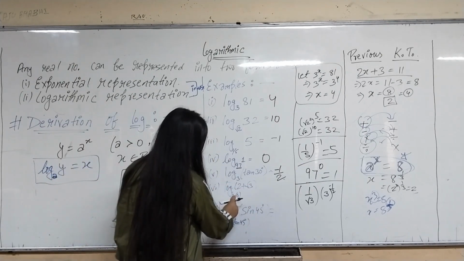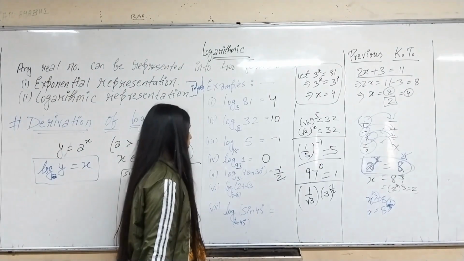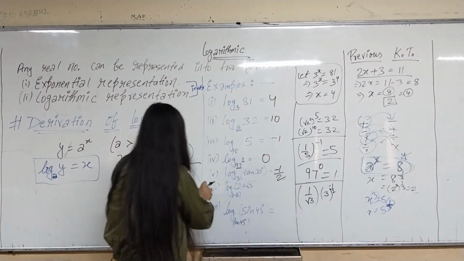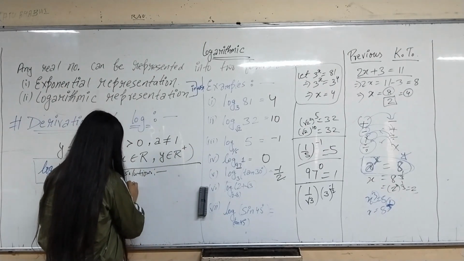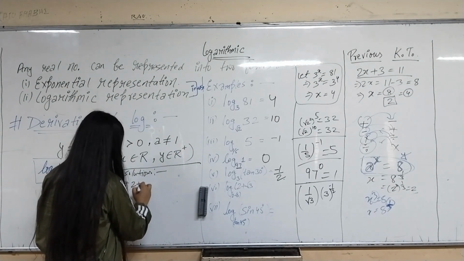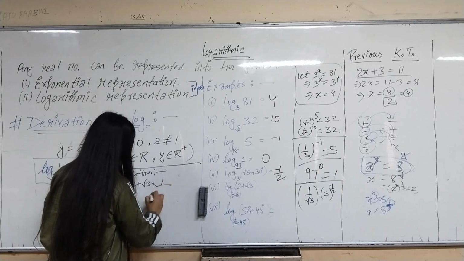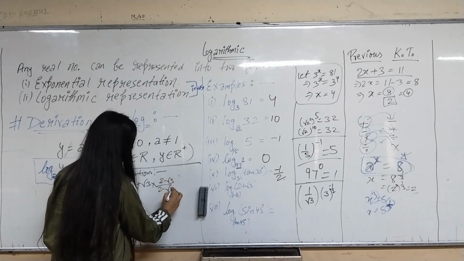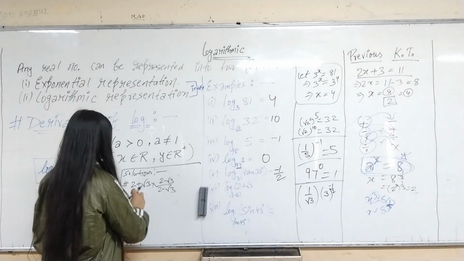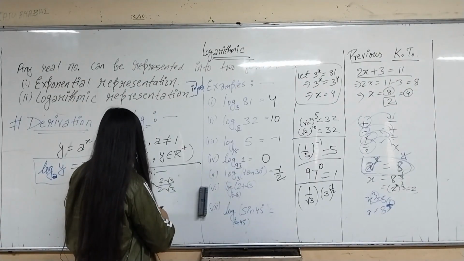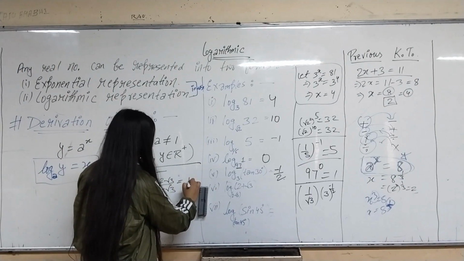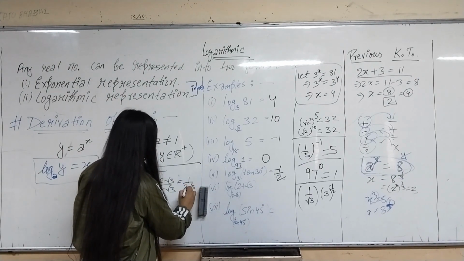Log 2 plus root 3 with base 2 minus root 3. Initially you will see it as a big one, but let's have some breaking process. Do you know about rationalization? Can you do it? Of course you can do it. When you do it, you will get 2 squared minus 3, that is 1, by 2 minus root 3.